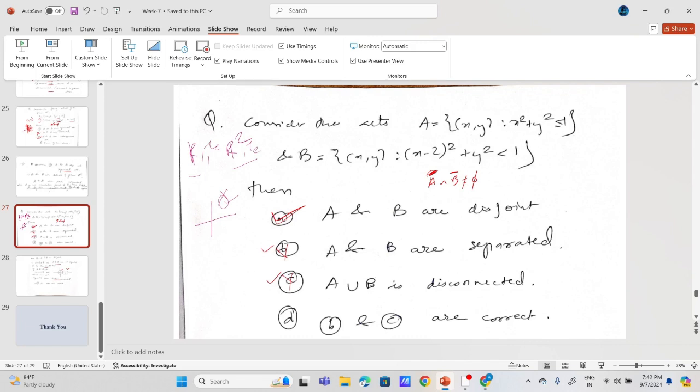Okay, so we can prove it, like how we will proceed with that. So if you are considering any open set in the domain part, so it will be mapped to open set, right?